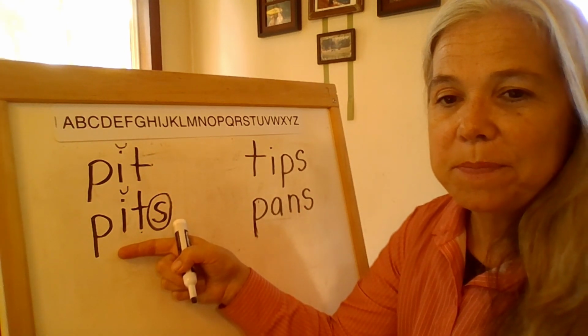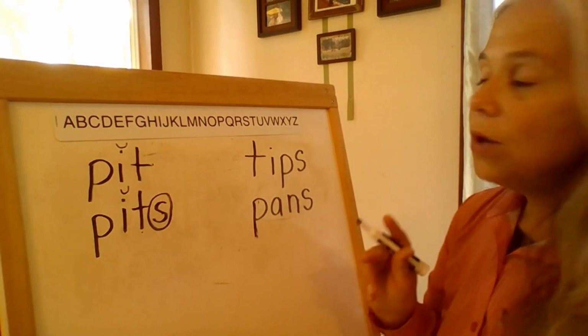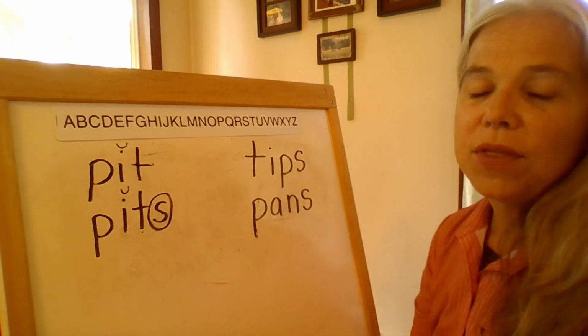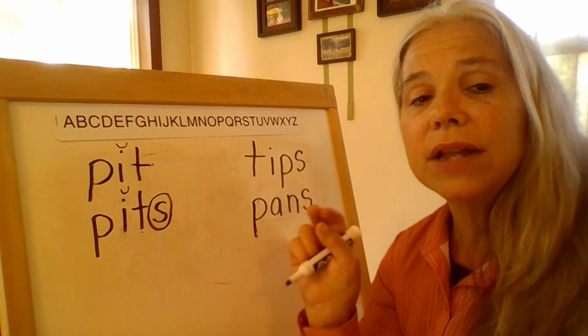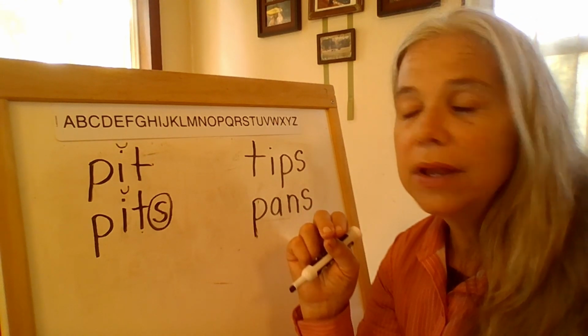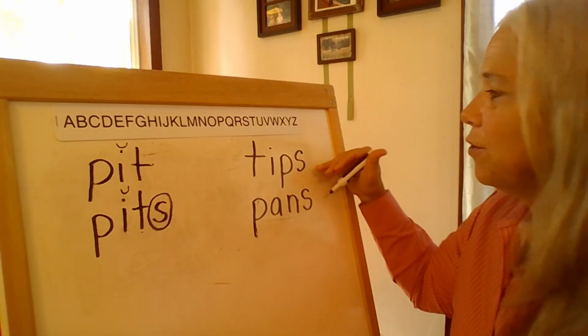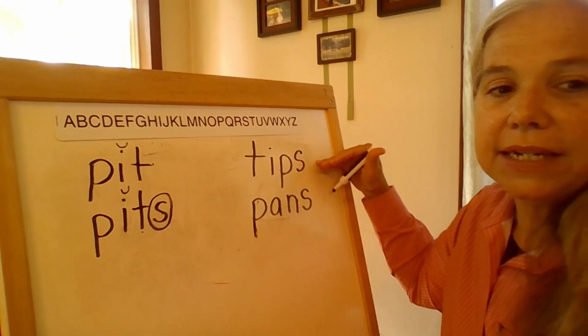Repeat that. Very good. Now, when we have the letter S, we know that S makes two sounds. It makes an S sound and a Z sound. Now, I want you to repeat these words after me. This first word says tips.